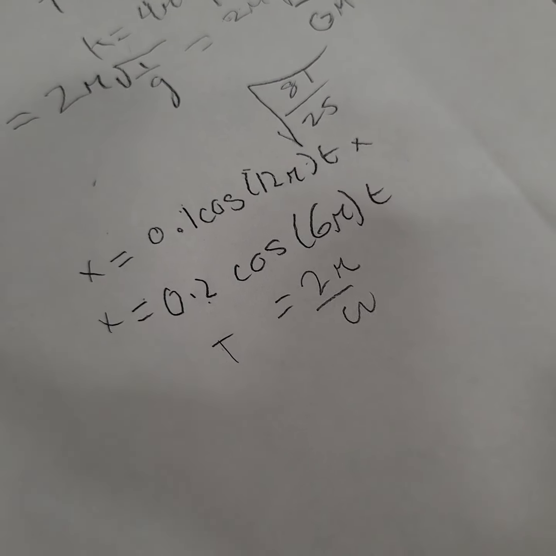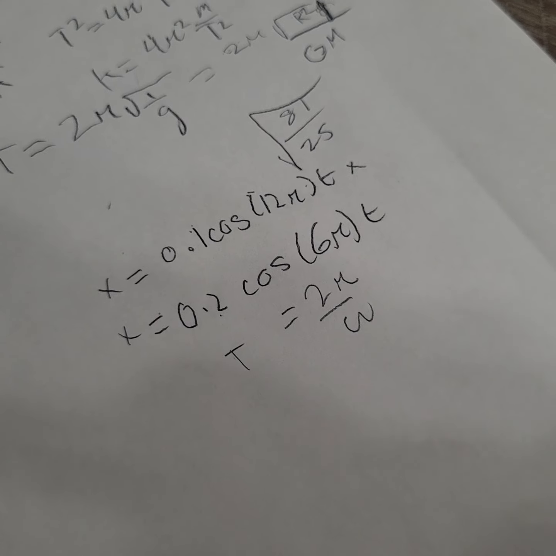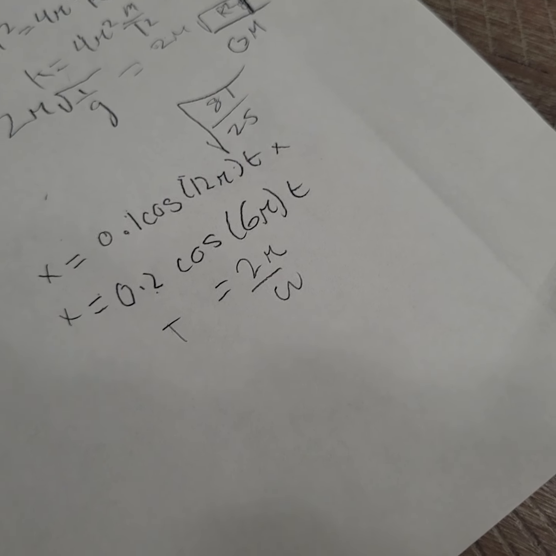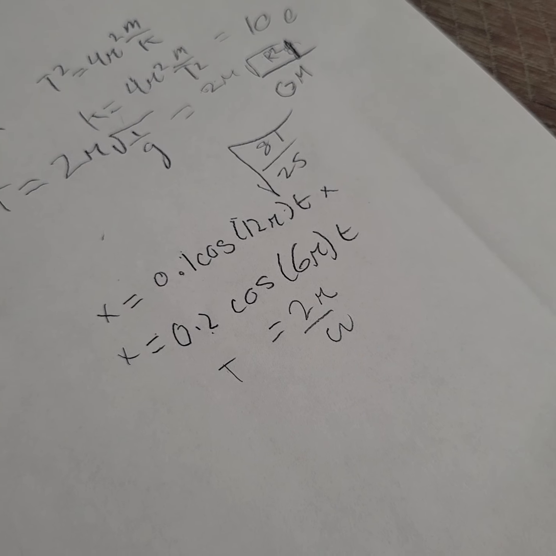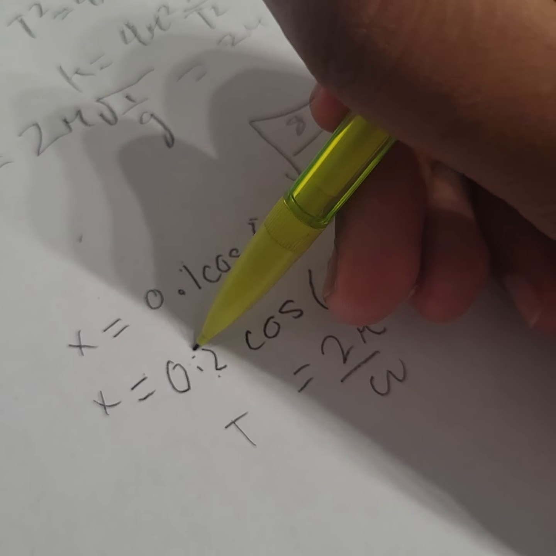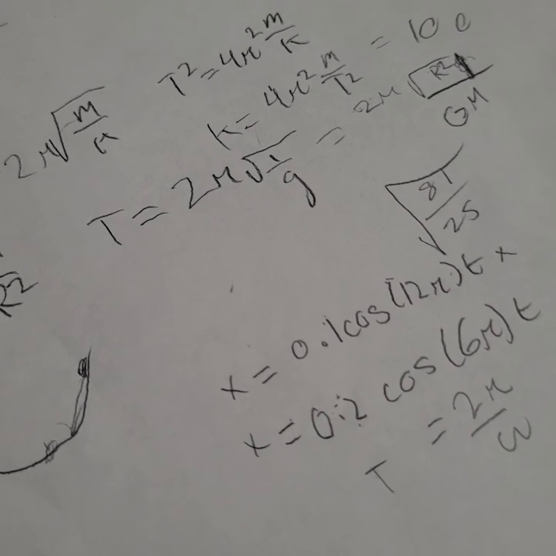Since object 1 has a higher omega, it should have half the period. And then object 1 has a higher amplitude, which would be this number, based on what we learned in our notes. So it would have half the amplitude.